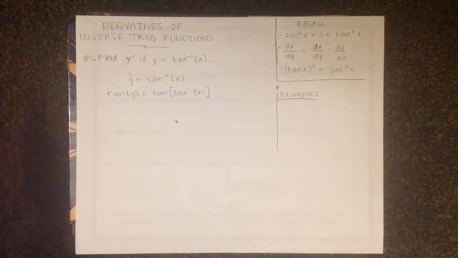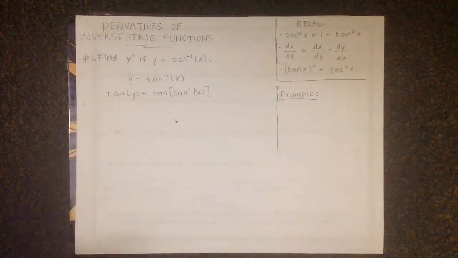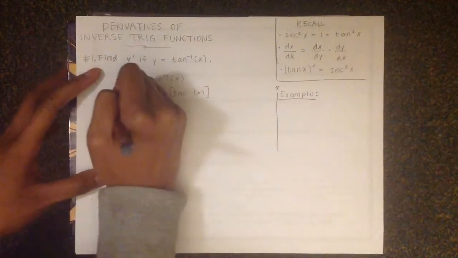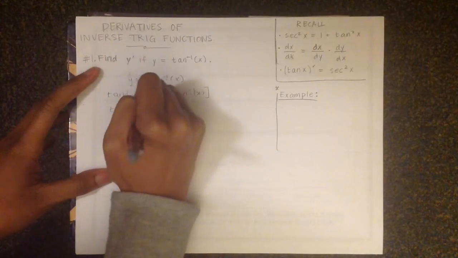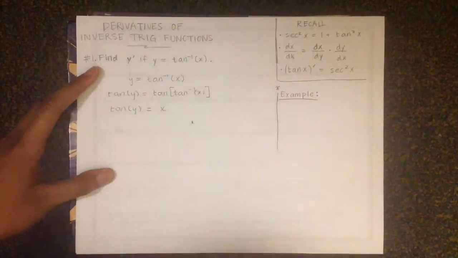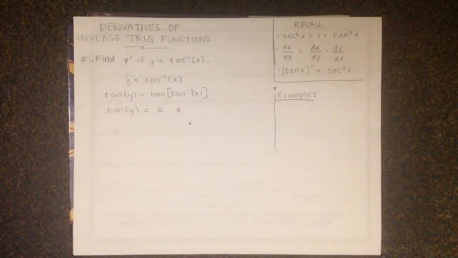Now when you're taking tangent of tangent inverse or tangent inverse of tangent, it's sort of like a null and void thing, sort of like adding 3 then subtracting 3. It just cancels each other out. So what we have is tangent of y equals x. So we solve for x.